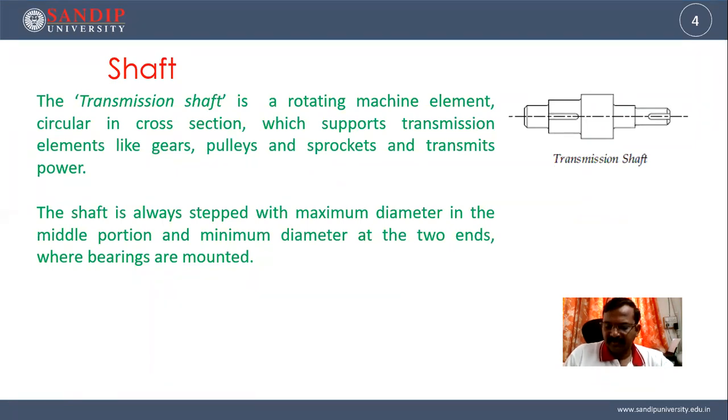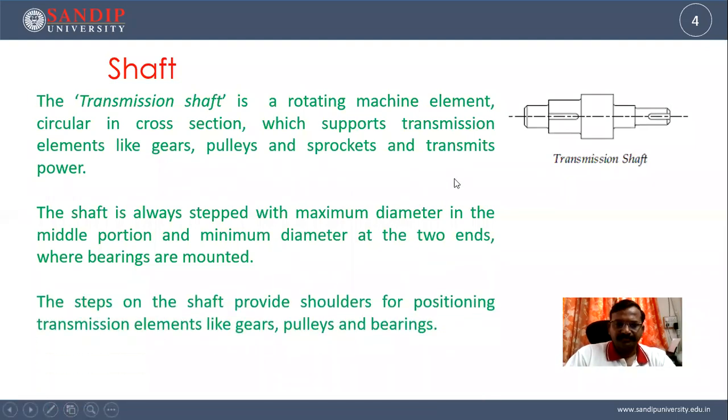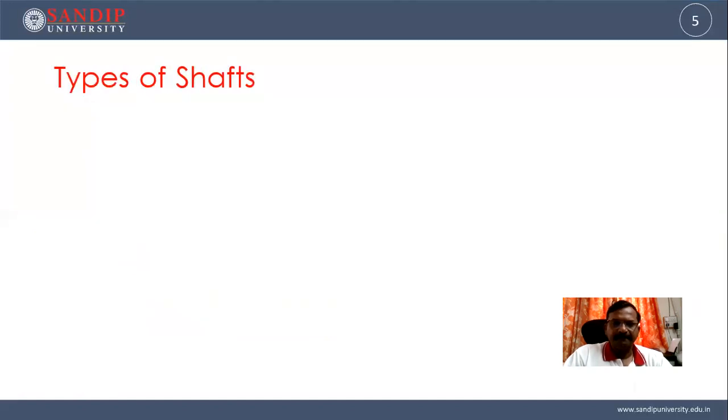Fourth step will be again for the bearing, and fifth is the output end, where again some element like gear or pulley will be coupled to transmit it, and there will be the housing between these two bearings and the shaft will be rotating. So this is how the general structure of the shaft will be. The steps on the shaft provide shoulder for positioning transmission elements like gear, pulleys, and bearings. So this is the general structure of the shaft which you can see.